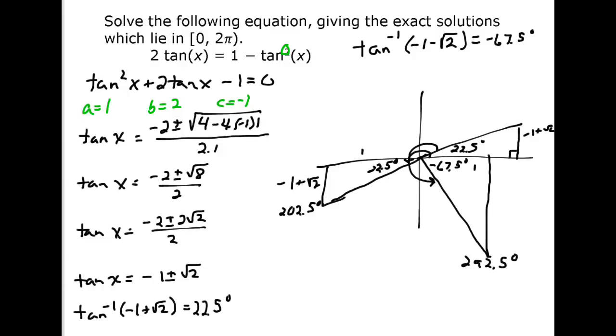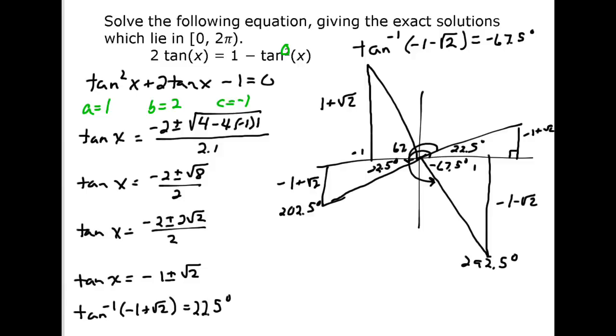So you'll notice though this tangent is negative. Opposite over adjacent would be negative 1 minus the square root of 2 over 1. So another quadrant where tangent is negative is the second quadrant. So we'll have opposite over adjacent be, let's see, this was a negative 1 here, 1 plus the square root of 2 over negative 1, so that will come out negative.